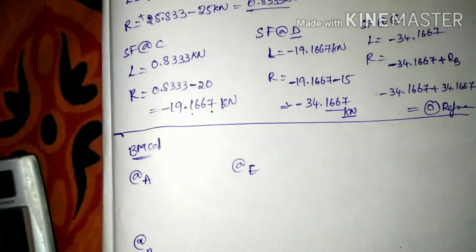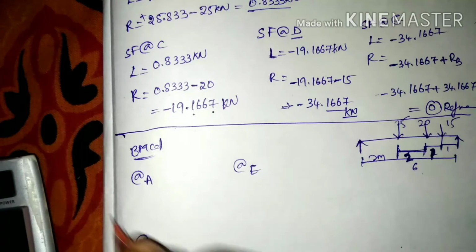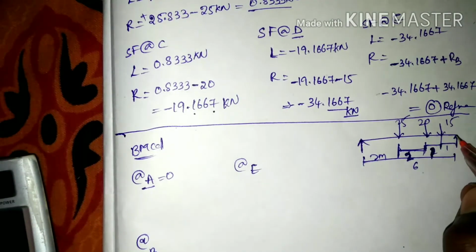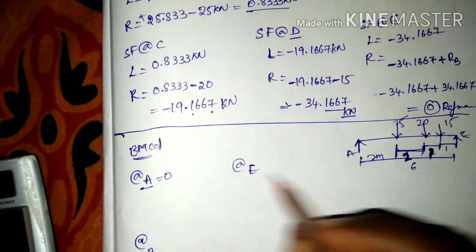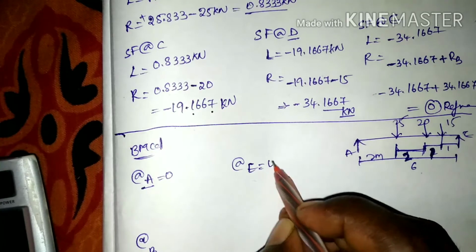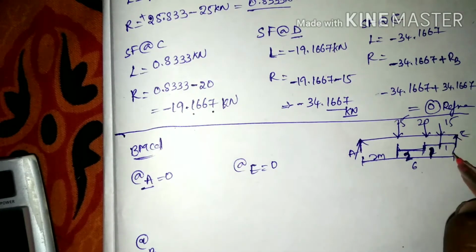Next, bending moment calculation. Here the moment about A is equal to 0, and here this is E and this is A. The moments about the end supports are going to be 0. Moment about A is equal to 0, moment about E is equal to 0.